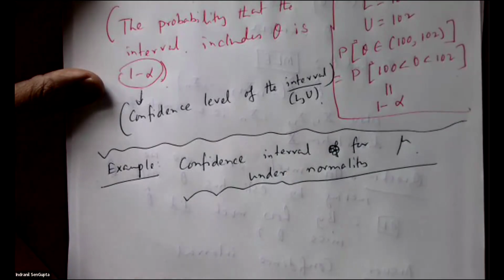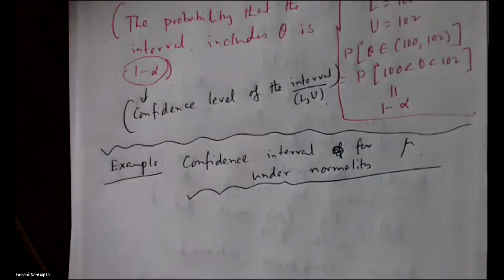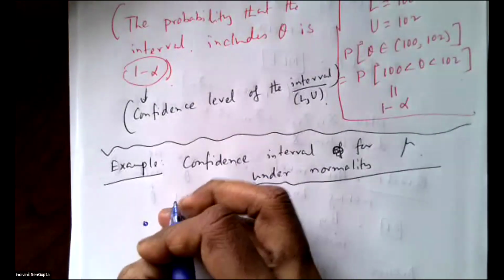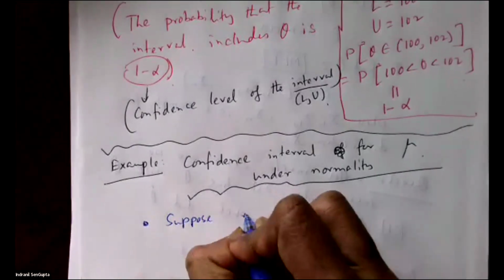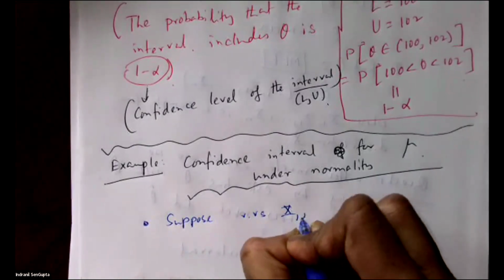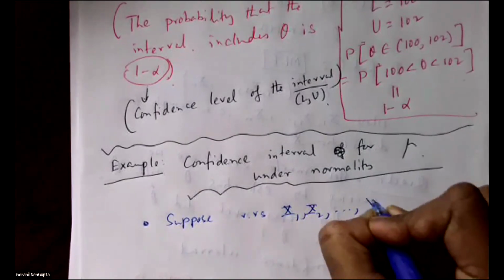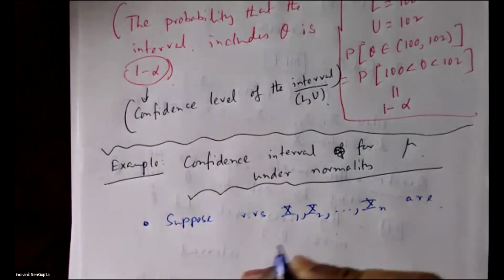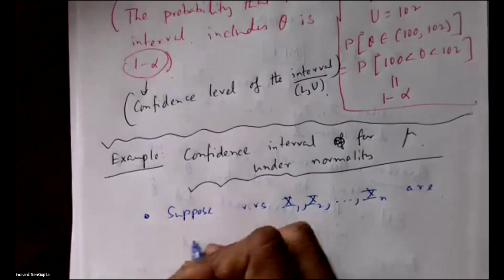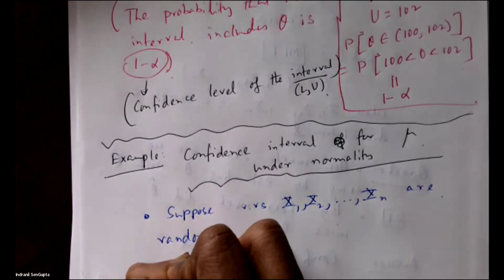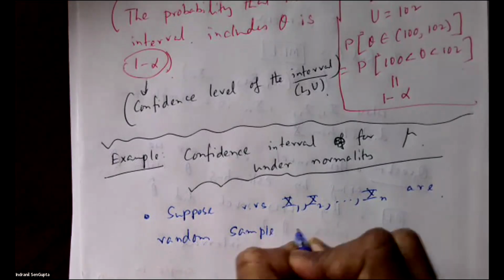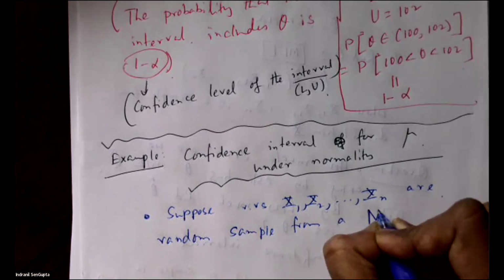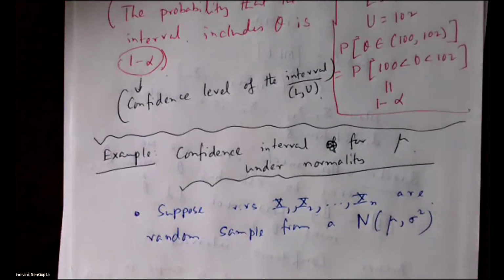So let's start with our traditional assumptions. Suppose the random variables x1, x2, ..., xn are a random sample from a normal distribution with mean mu and variance sigma squared.